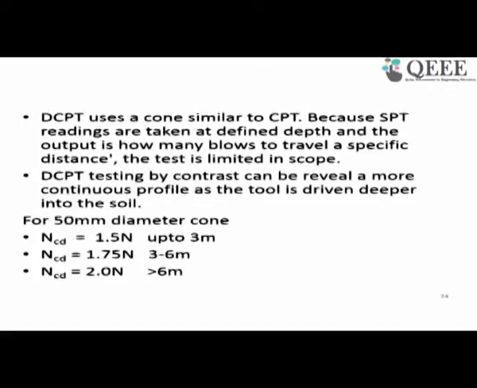Okay. So now as you see, we have covered basic site investigation with different types of testing. We started with the SPT, then we discussed CPT, CPTU, that is the cone penetration test with pore pressure measurement, then SCPT, the seismic cone penetration test, and we also discussed the DCPT. These were some of the tests which are very common in site investigation.